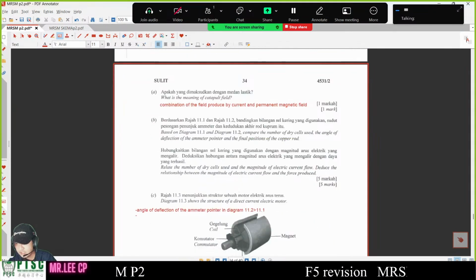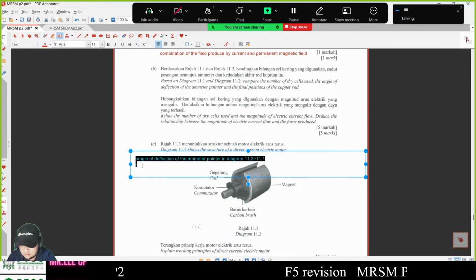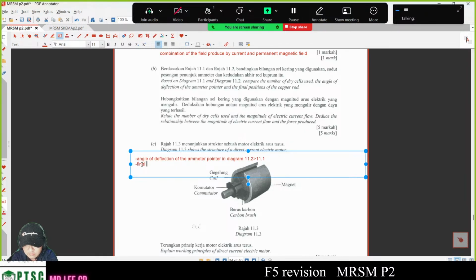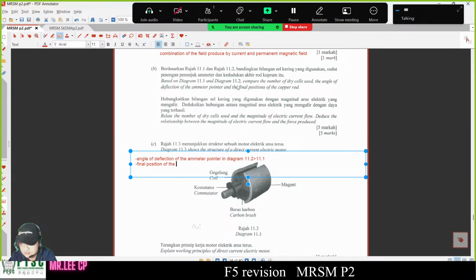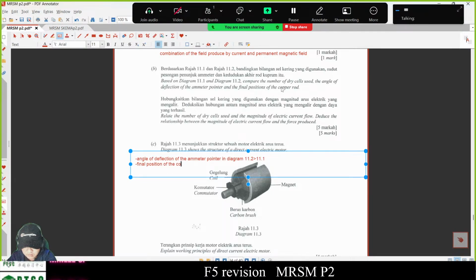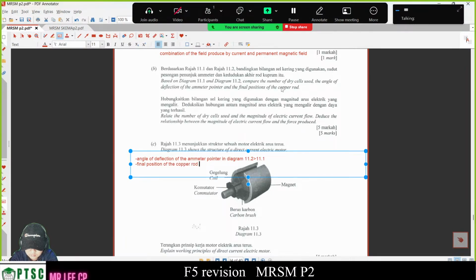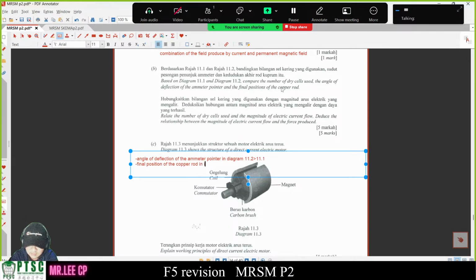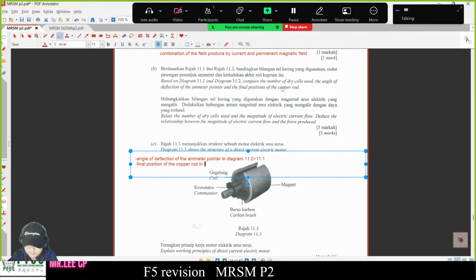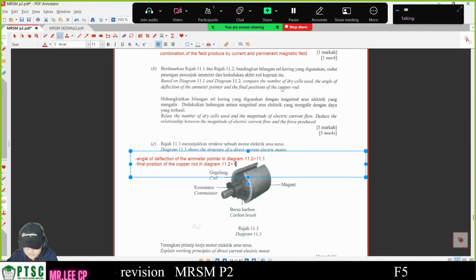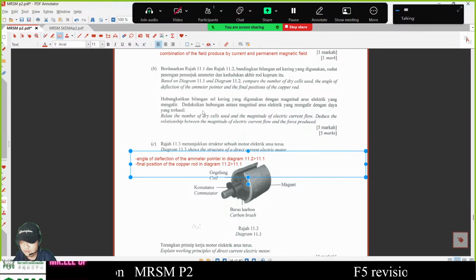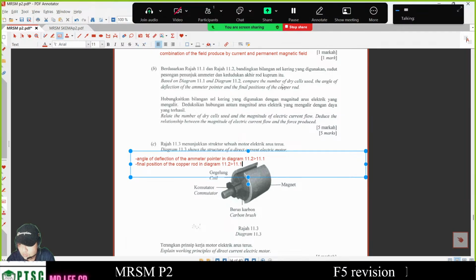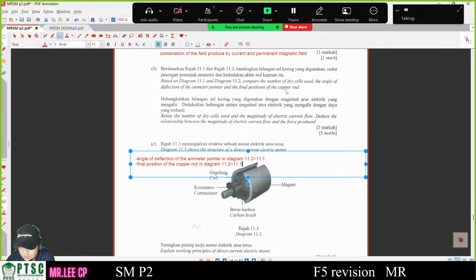So the final position of the copper rod in diagram 11.2 is greater than 11.1, further than 11.1. Okay, so I have answer 1, 2, and then 3.